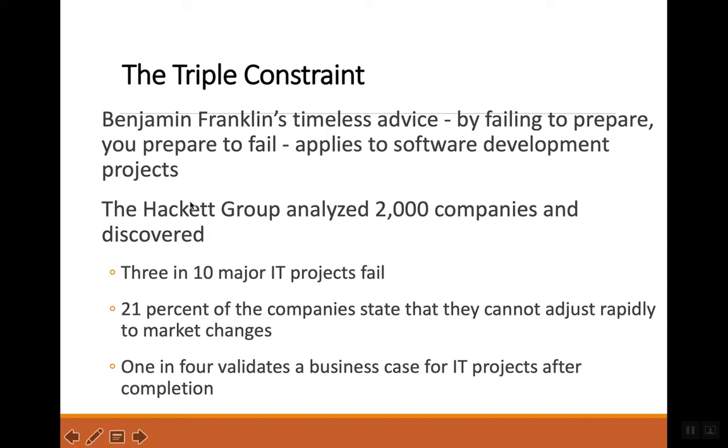As Ben Franklin said back in the day, if you fail to prepare, you prepare to fail. It's a well-known maxim, but it is true. The planning parts of projects are very important.